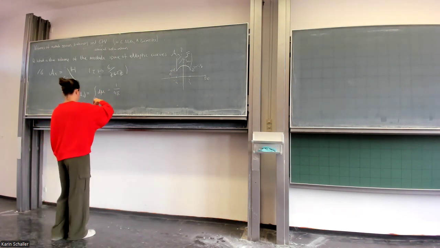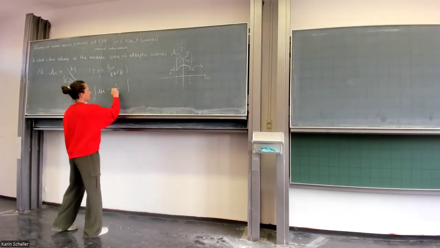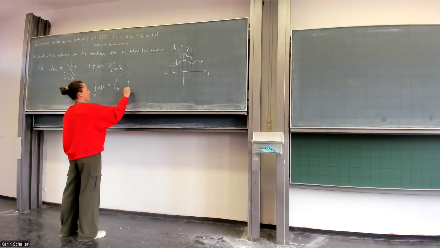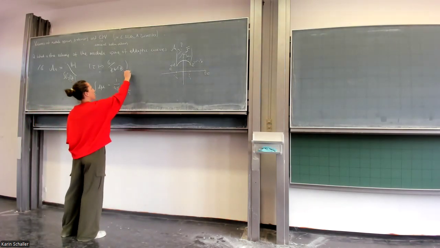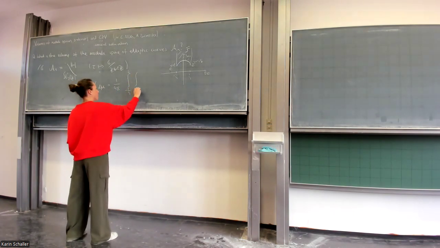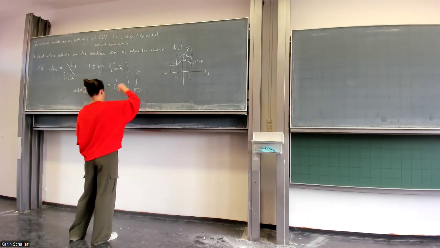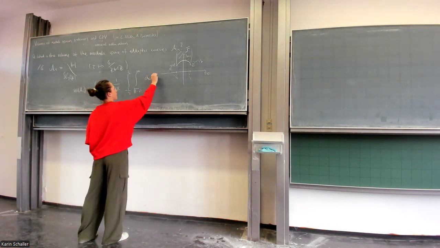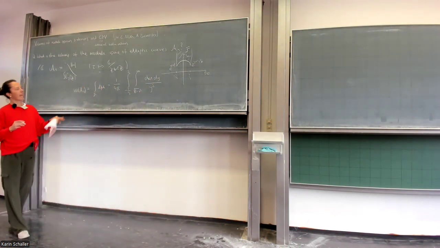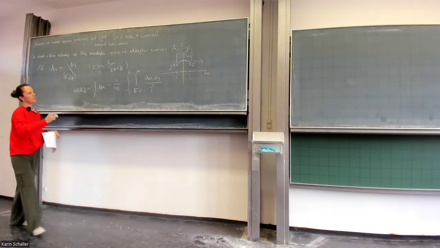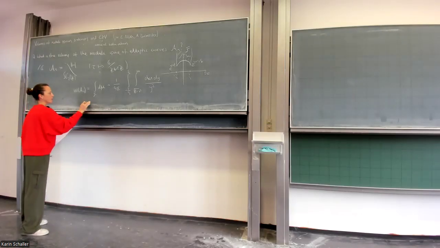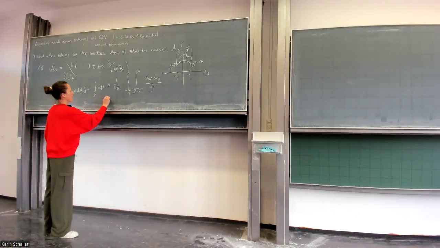Here is a normalization factor of this measure, and I take from minus 1 half to 1 half the real coordinate, and from the unit circle up to infinity, and I integrate my hyperbolic metric.